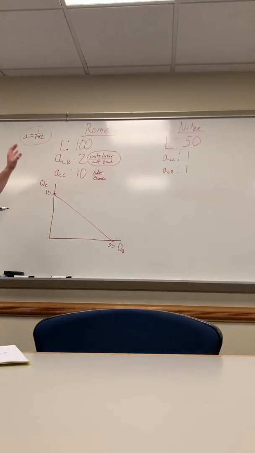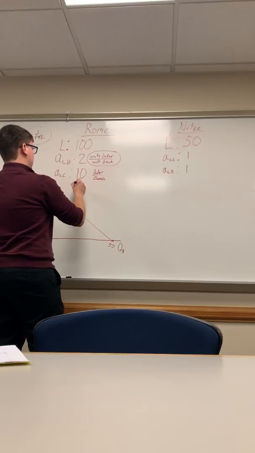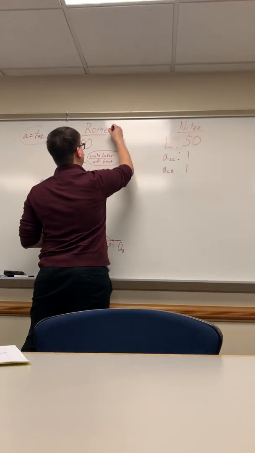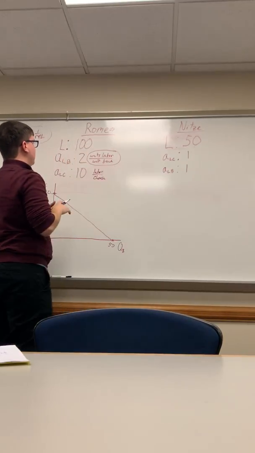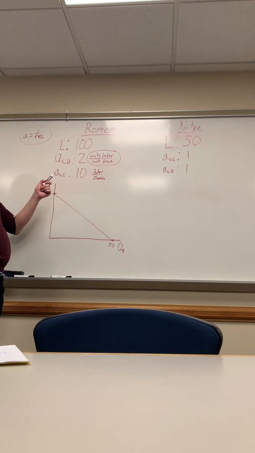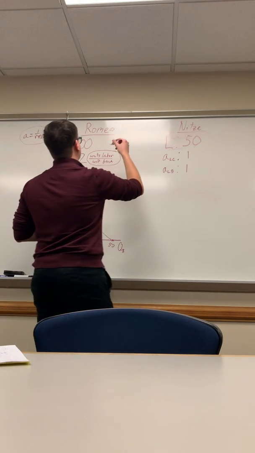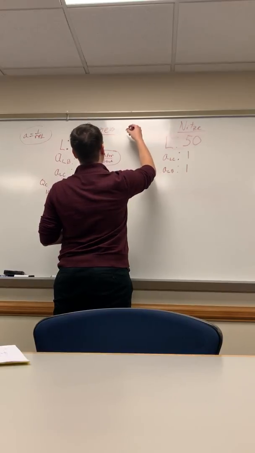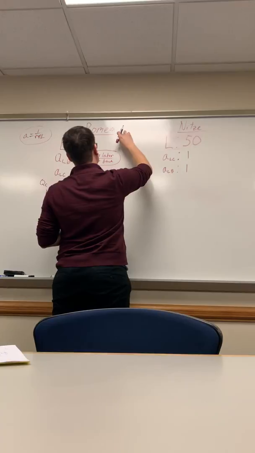You could also be given something like this, where it's like Rome's PPF is, well, how would this be? It would be amount of labor. No, not amount of labor, right?